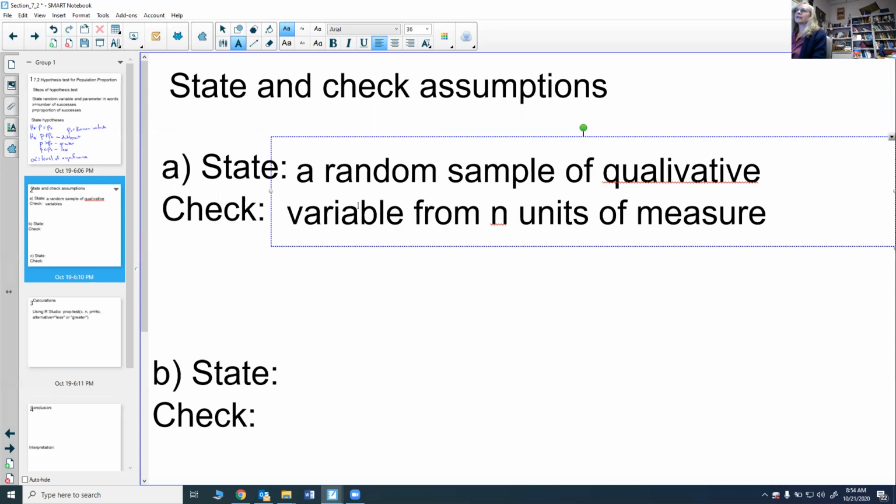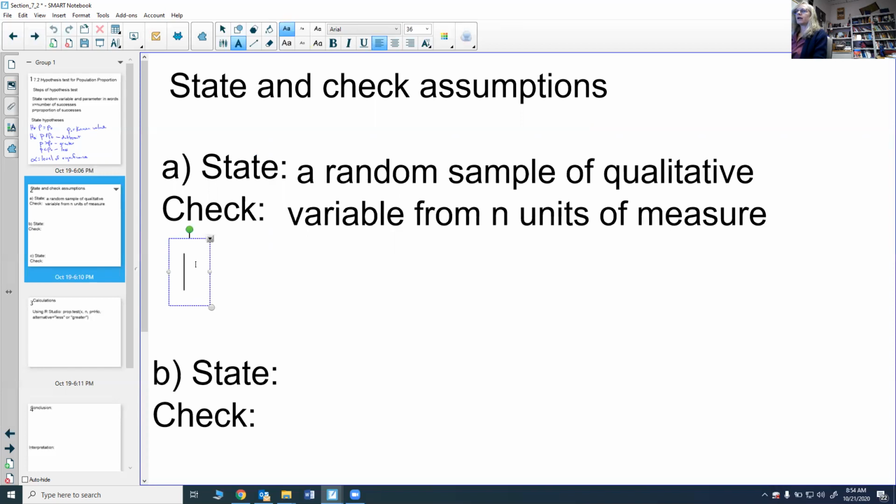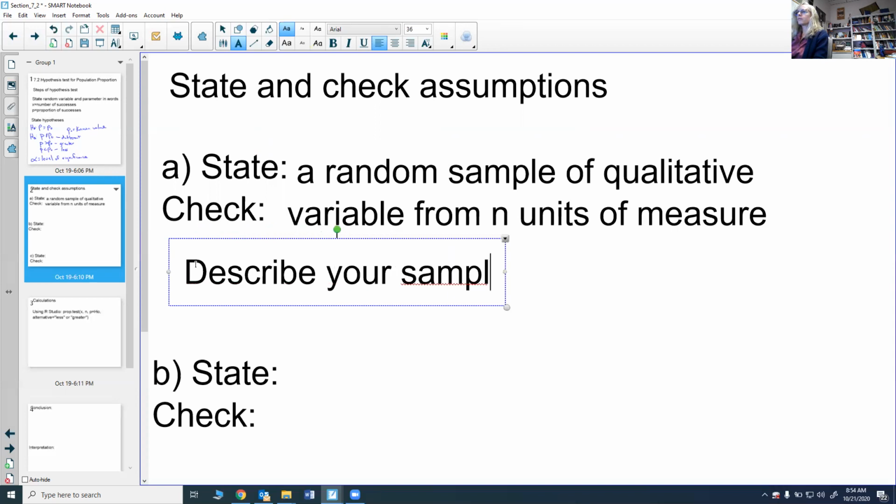So that's your stating. That's what you start with. You start with that stating value. So this is usually where we start. Every sample should be a random sample. We find we have better values with that. Then your next step is to check it. And this is where you would just describe your sampling method.